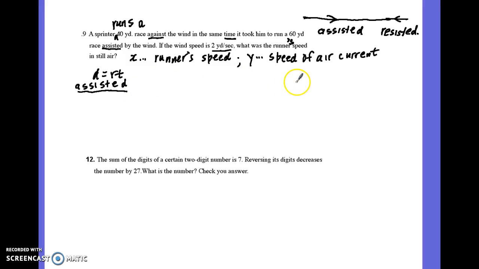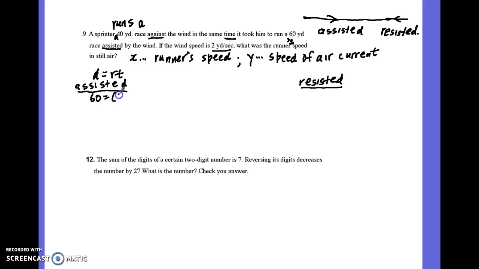Then we can do the resisted over here. When he's being resisted. So that means he'd be going slower. Alright. The distance when he's assisted, it took him 60 yards. Okay, to run a 60-yard race assisted by the wind. So instead of D here, I'm going to write 60.